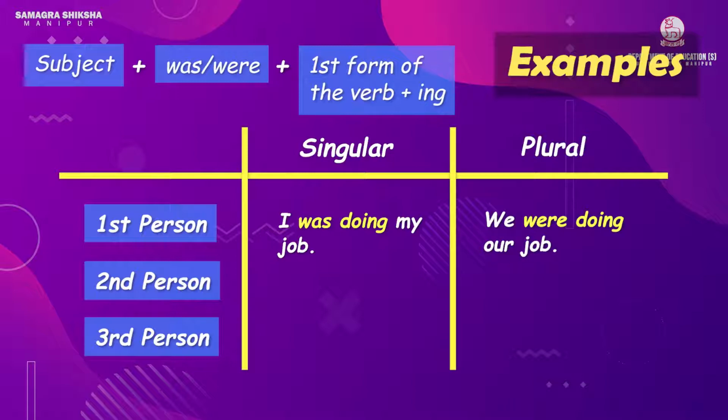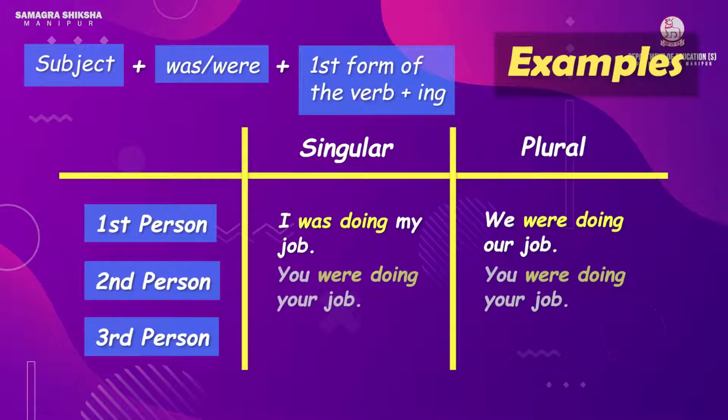Exception for a second person subject like you: whether it is plural or singular, we always use were. Even though I said was is for singular and were is for plural, when we use the subject you, you have to use were. So you cannot say you was. We should always say you were for both singular and plural.